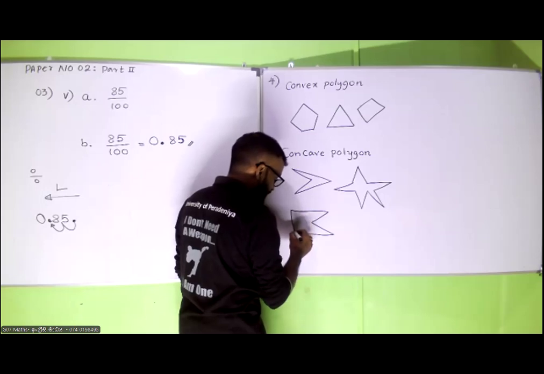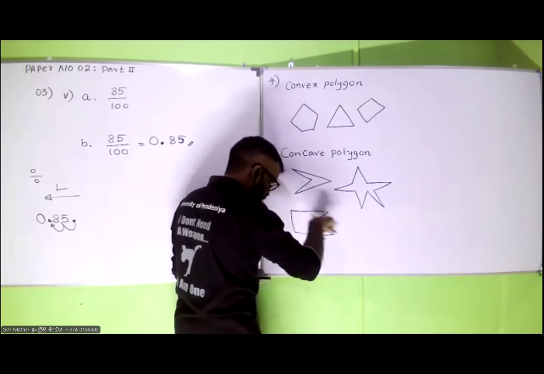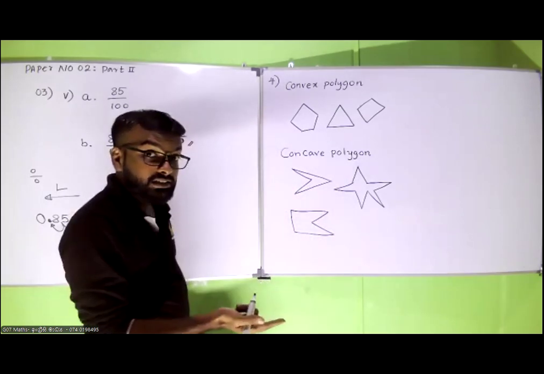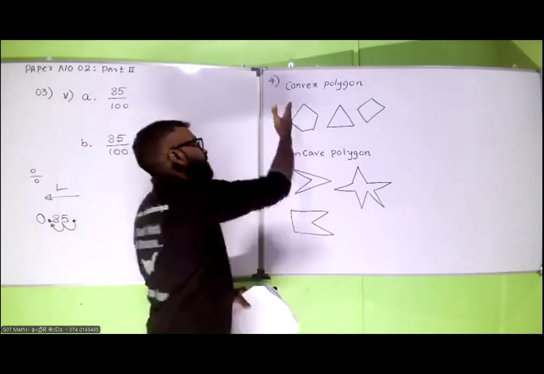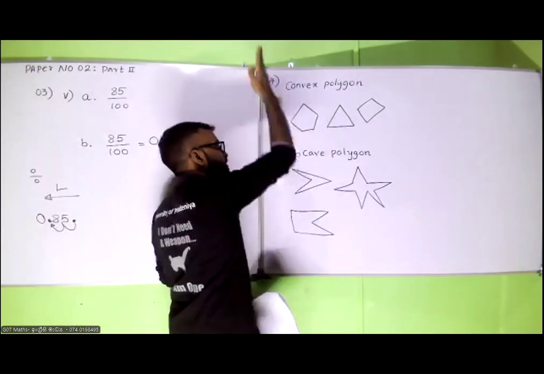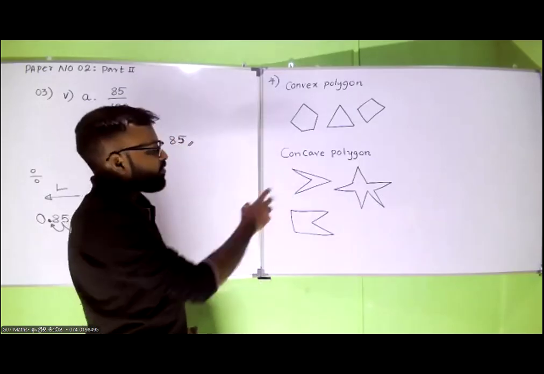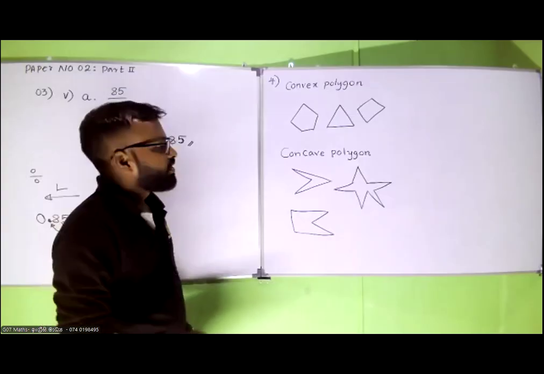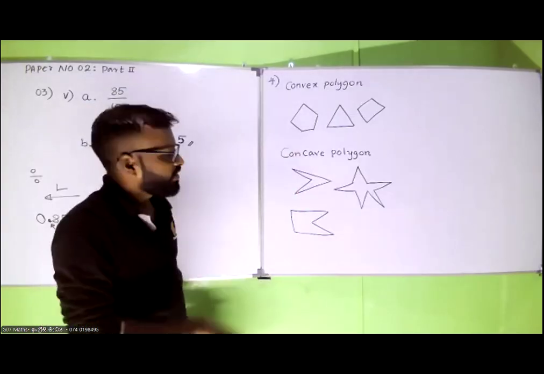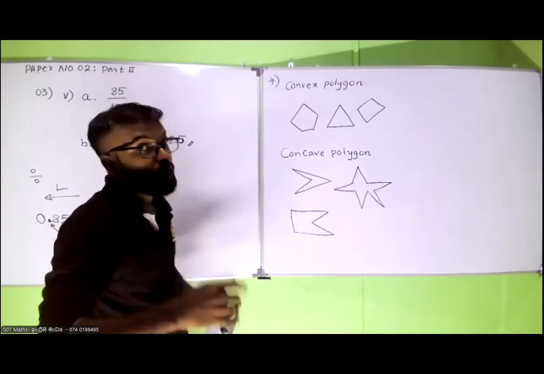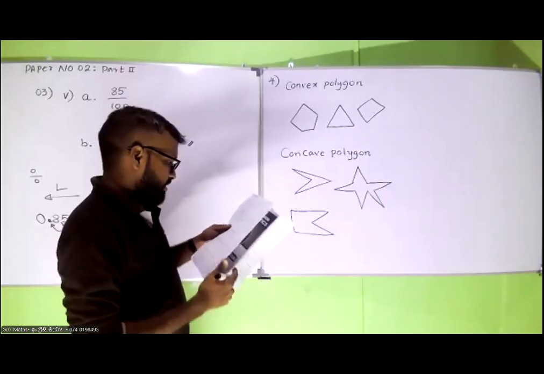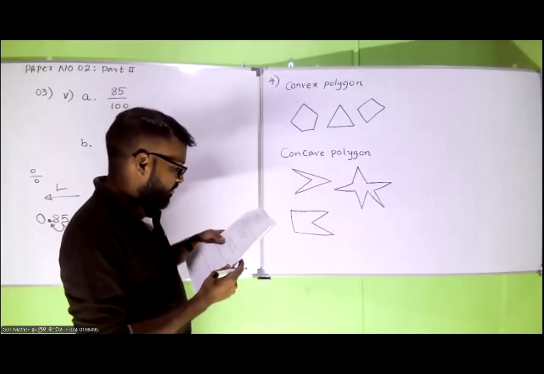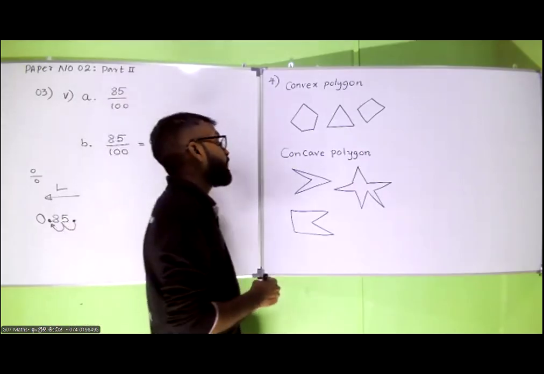This is a flag. Concave, not convex. These are convex, and these are concave polygons. One of them is enough. If you want, you can draw each and every figure for your knowledge.